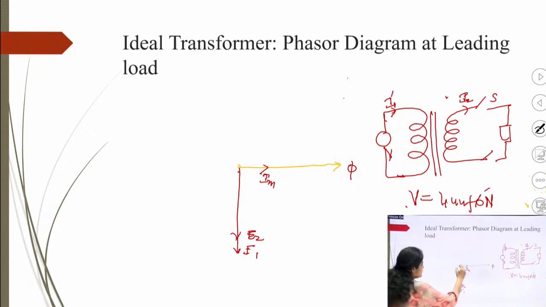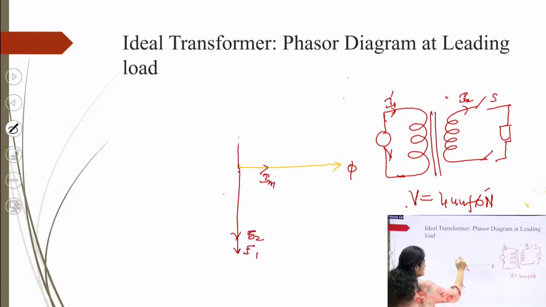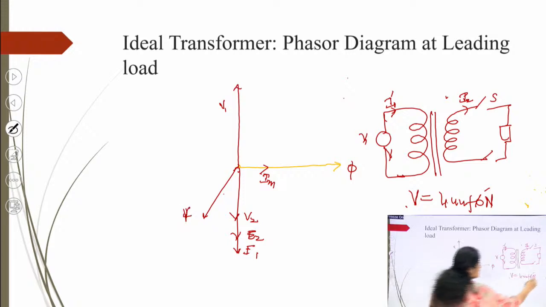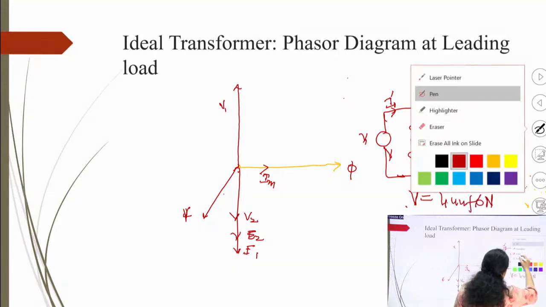Okay. So now this is V1, this is V1 applied voltage here. Now V2 is there, and I2 is, sorry, it's for leading. So it's for leading.